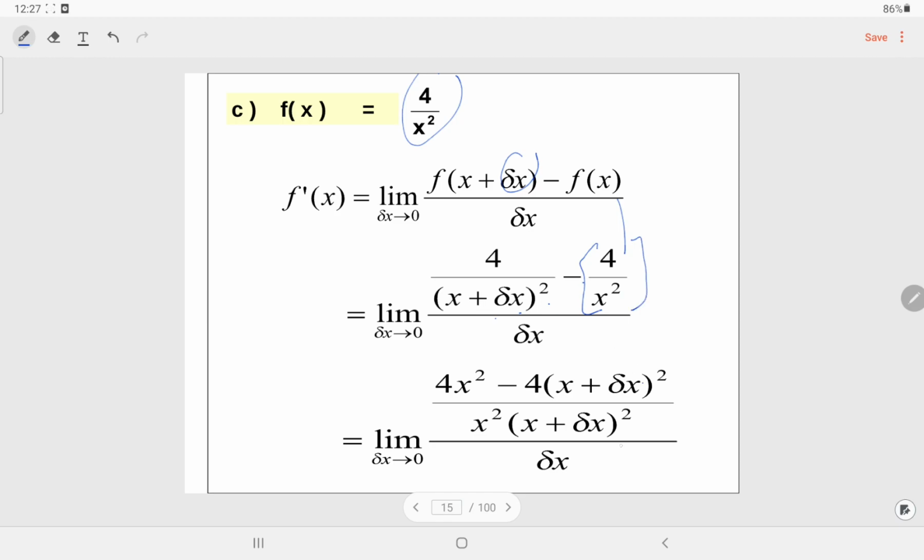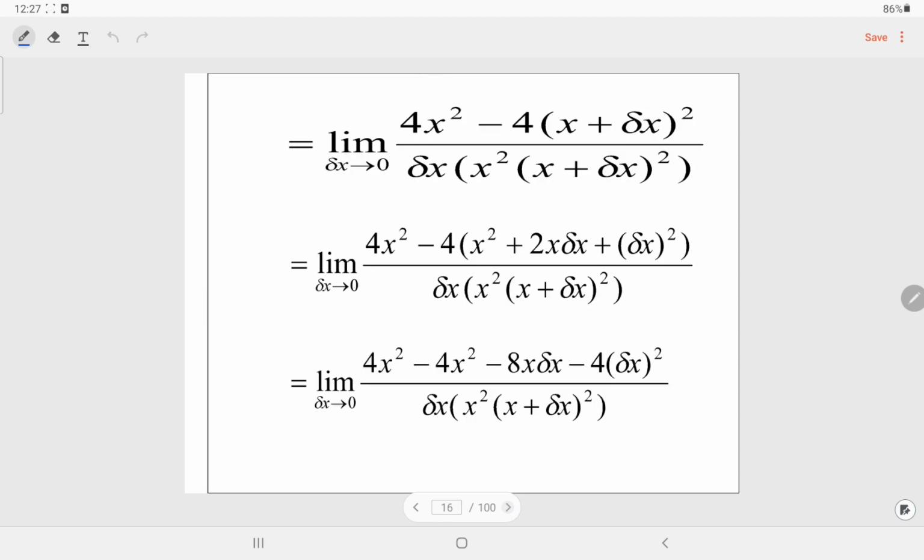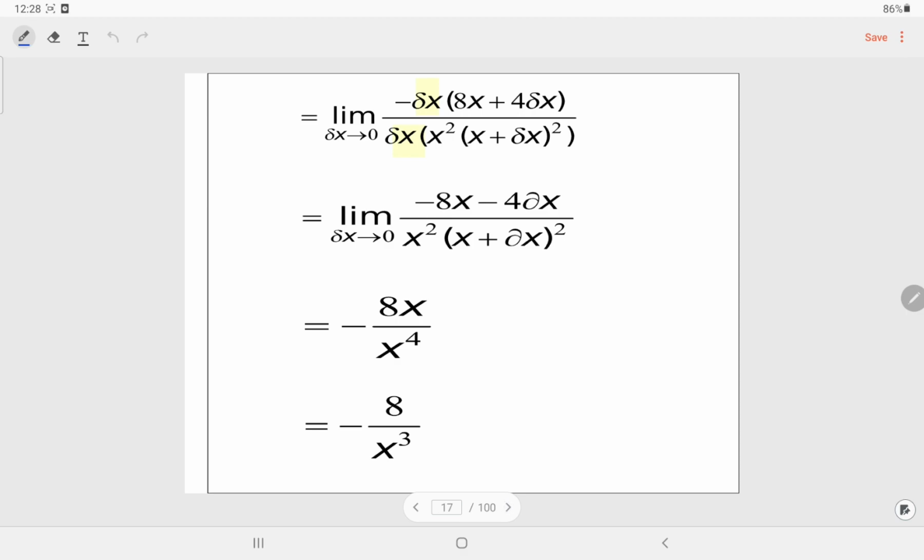We need to solve this one, expand, and then expand. We can factorize the value of delta x, and the remaining delta x we substitute with 0. So we can get negative 8 over x cubed.